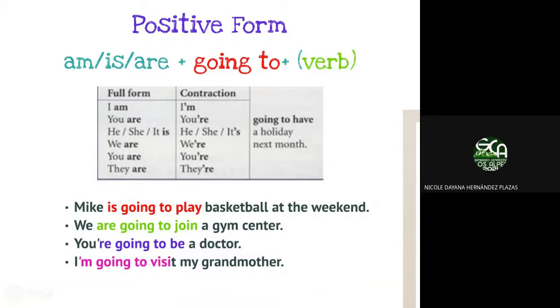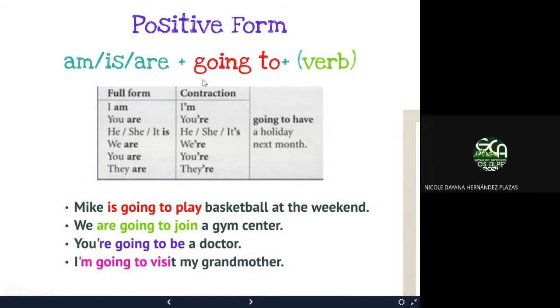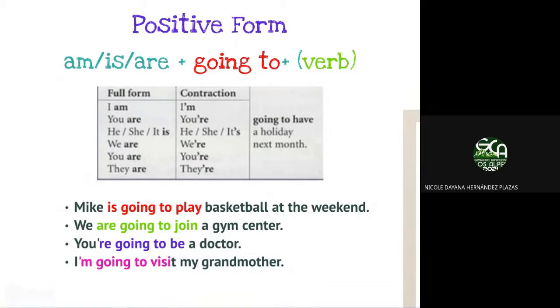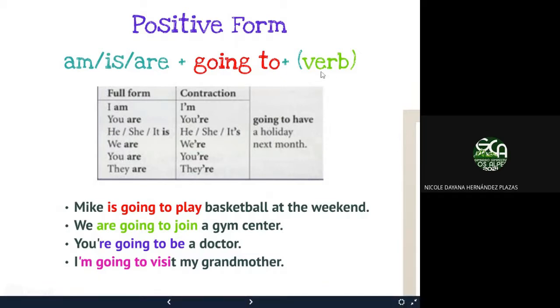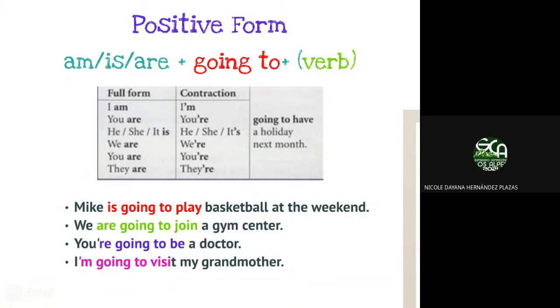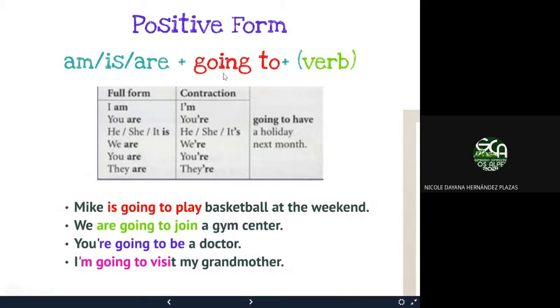Then you are going to use this, going to, que no cambia. And finally, the verb in infinitive. That means in the normal way. El verbo normal, amores. No tienen que conjugarlo de ninguna forma, no le tienen que poner ing, no tienen que poner nada de eso. ¿Por qué? Porque tienes el going to. Questions about it?